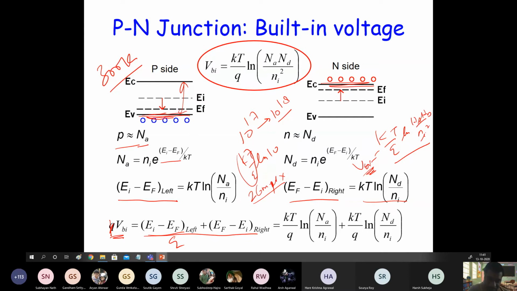It becomes degenerate, so these expressions are no longer valid. You have to use the Fermi-Dirac integral expression. Even if we assume they are just touching the band edges, the maximum will be the band gap. For silicon, what is the band gap? It's around 1.1, so the maximum built-in potential you can have is around 1.1.